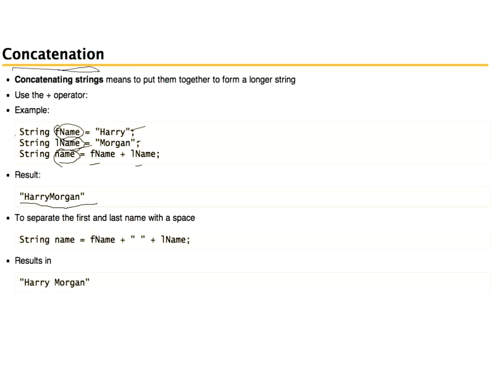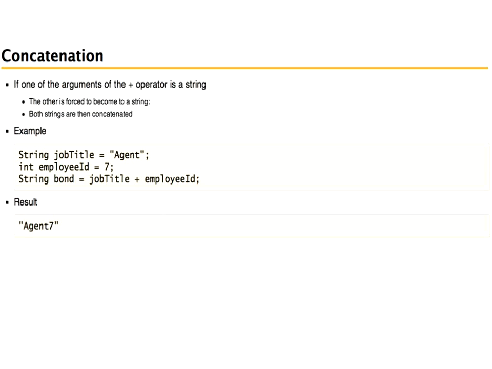If you want a space, you can have one, because we're dealing with strings. We always use the quotation marks because we're dealing with strings. So if you want to have a space, you're going to have to specify an empty space. Okay, so you can have Harry space Morgan. If you want to have an integer and a string, you can also do the same thing, but class it as string.